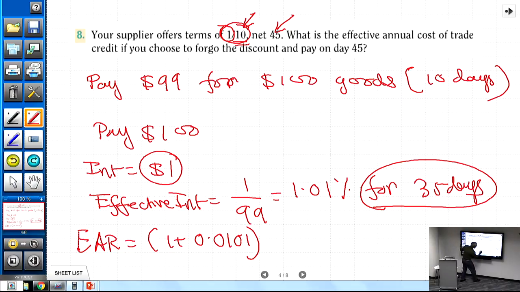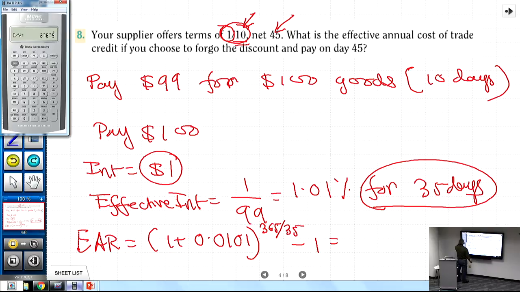That means I'm going to raise this to the power 365 over 35, minus 1. So I can go here. Second clear TVM.